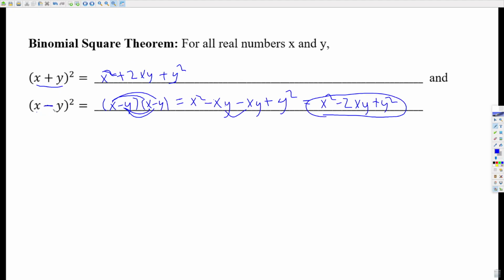Because it meets the same setup as the second one, we can use the fact that the answer comes from squaring the first term, squaring the last term, and then multiplying those two terms together times a negative 2. So I'll show you what I mean. You can also write it out step by step like I did just here and get this answer, but I'm going to show you a faster way.